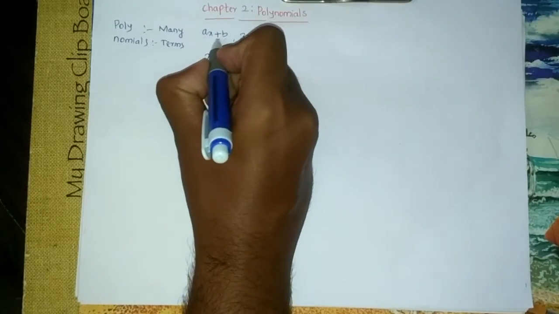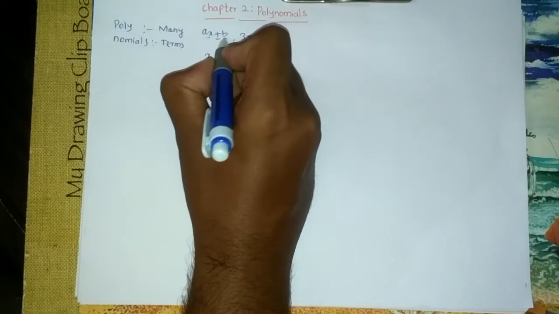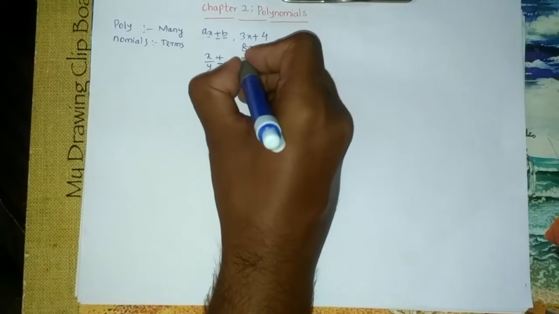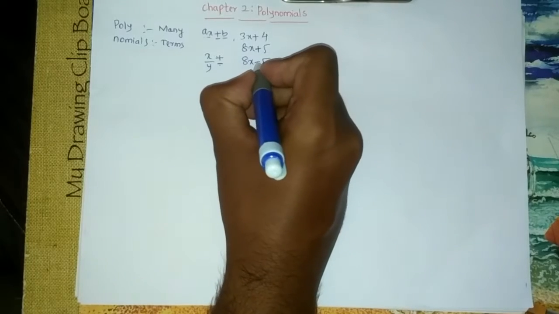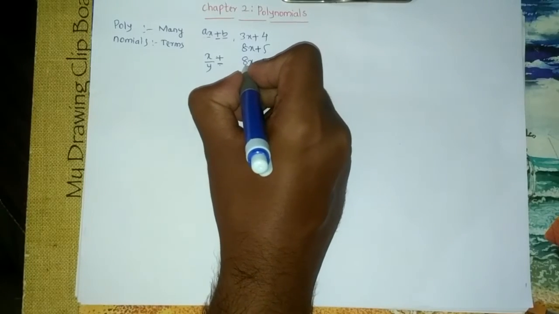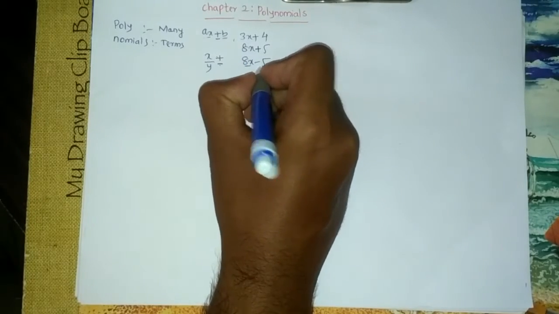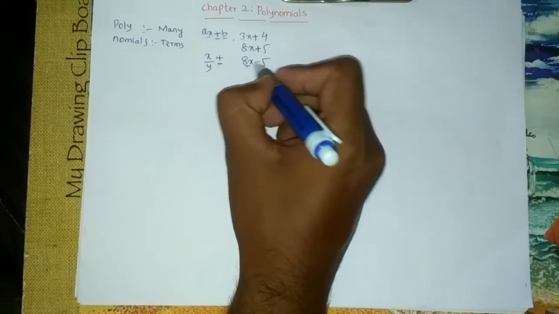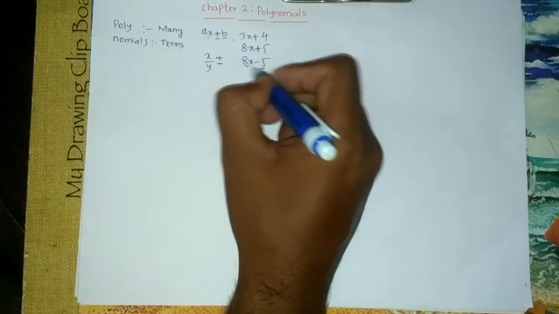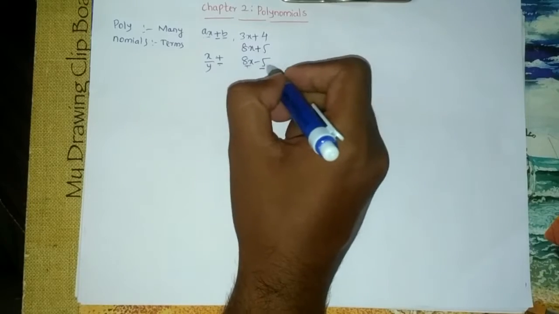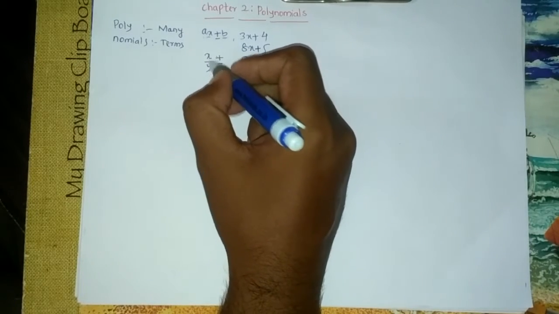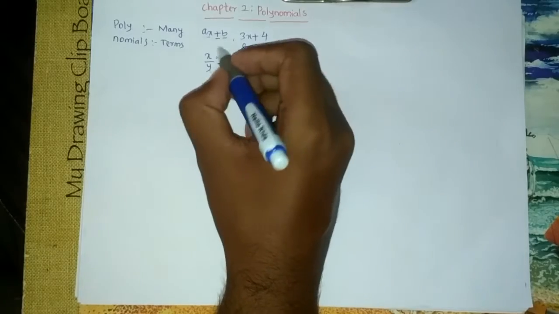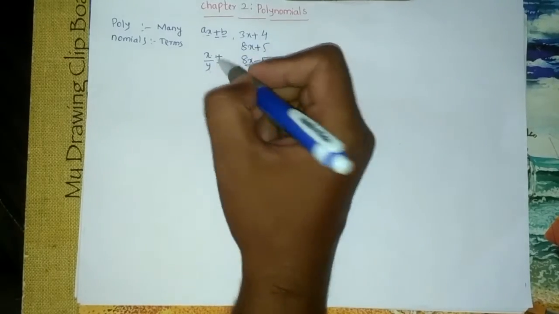How this plus is separating this ax and b. In the similar manner, 8x minus 5, this minus symbol is separating 8x and 5. Okay, so this is a polynomial. We have two terms. This is not a polynomial because it has only one term, so we can't call this as a polynomial.